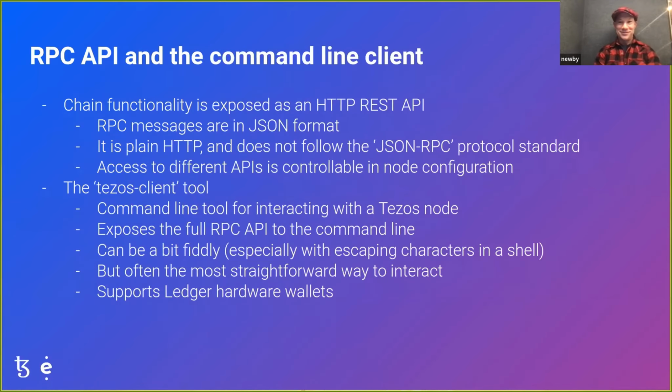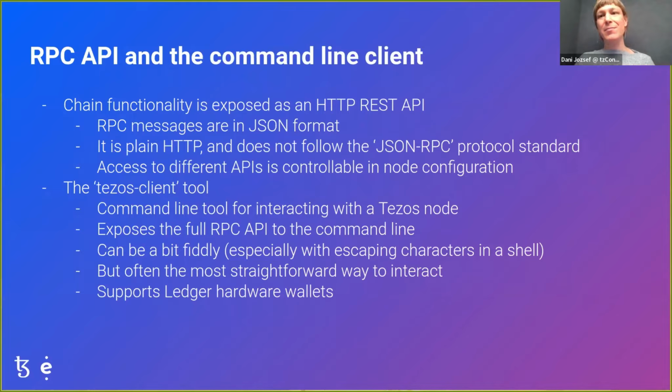The Tezos node exposes its functionality through an HTTP API. Now, unlike the Ethereum nodes, which some people might be familiar with, this does not use the JSON RPC protocol. So even though it is an RPC and it does use JSON, it is not JSON RPC.